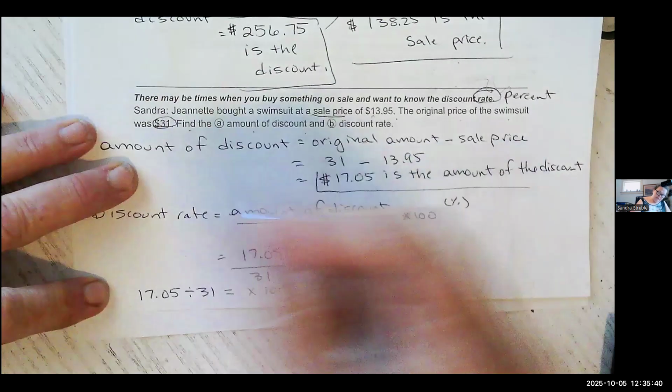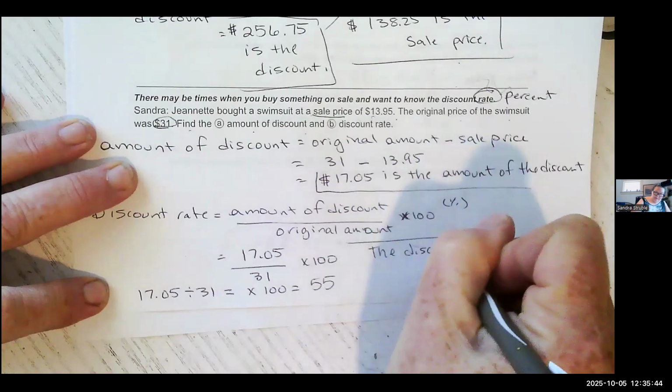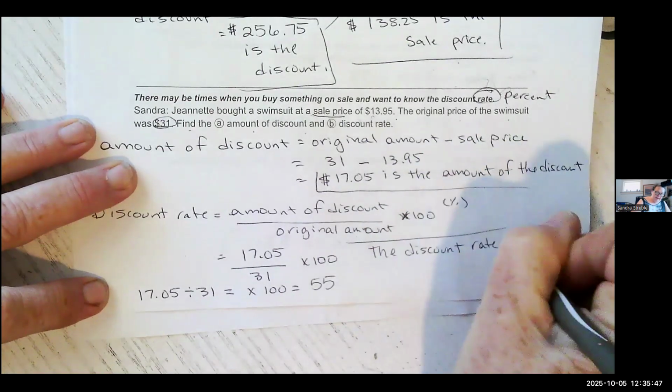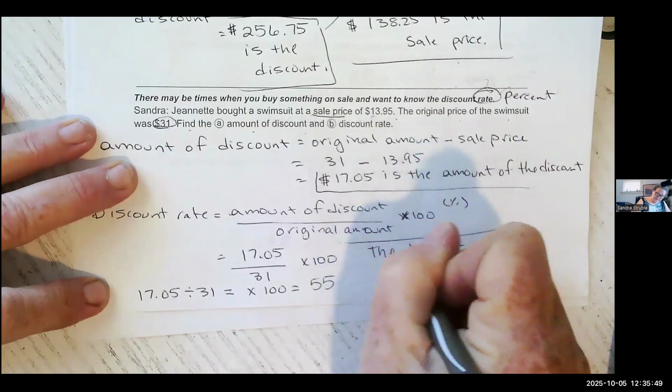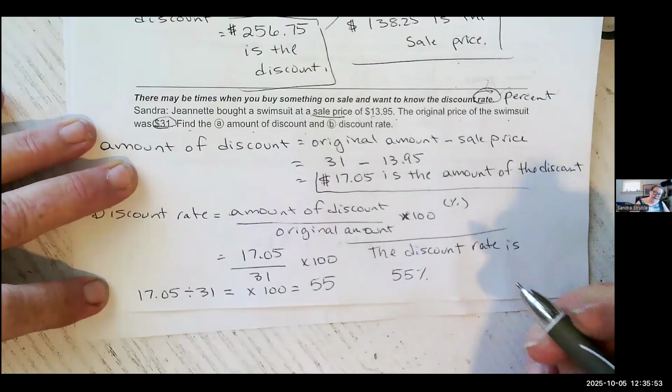So the discount rate is 55%. Or you could say the price was discounted 55%. Either one works great.